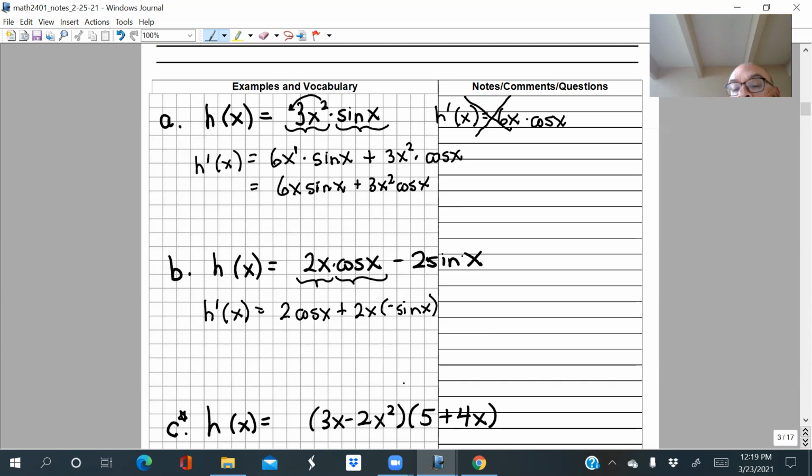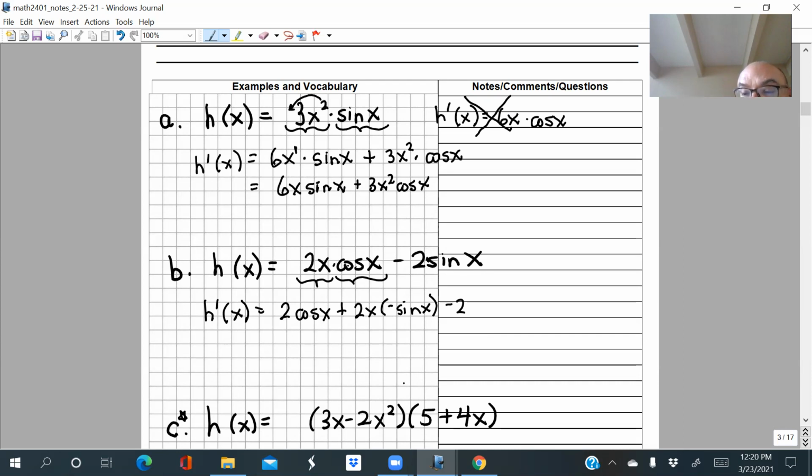You don't have to make this into a product rule problem, because this first factor that's multiplied times the sine of x is just the constant 2. So when you're just multiplying a constant times something, the derivative is easier. Just keep the 2 and then take the derivative of the sine of x, right? You understand the difference between these two terms?